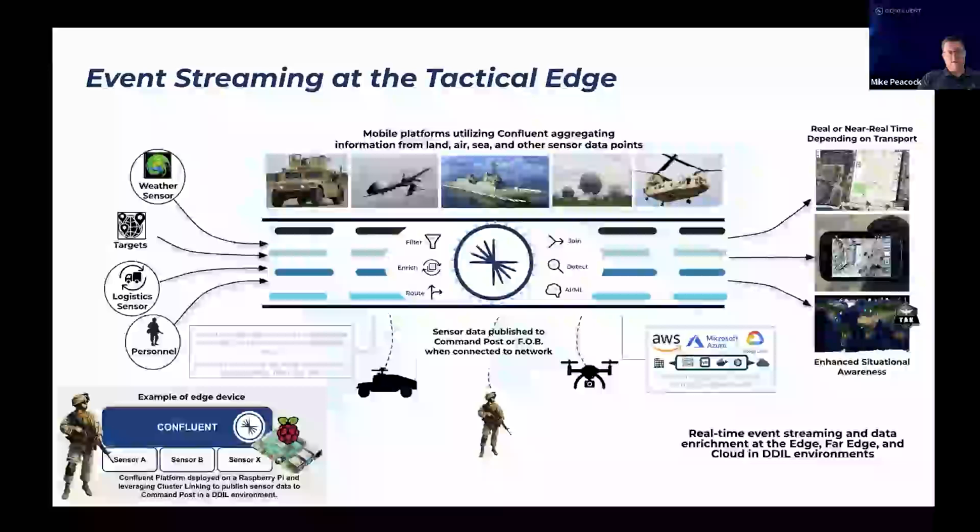Because they may go dark for intentional reasons, or they're just too far away from the command post, don't have satellite comms. But in that case, Confluent was still being used to collect that information offline. When it came back up to the command post, it would automatically sync up with Confluent running there, and then ultimately up to a cloud environment where, if you're familiar with TAK or ATAK, we were feeding that information up to those environments.